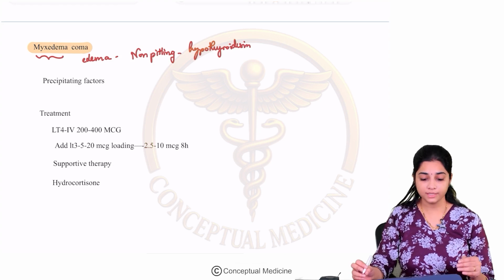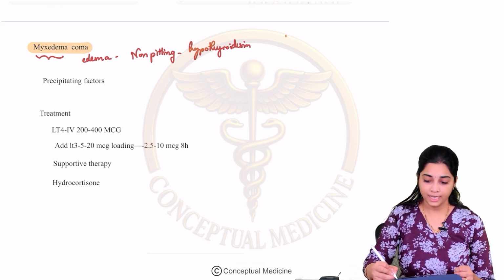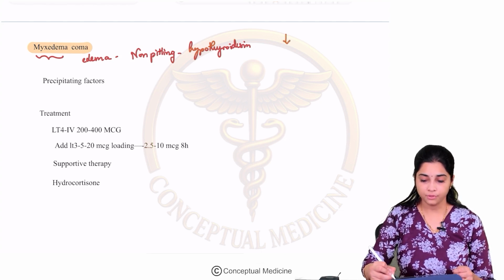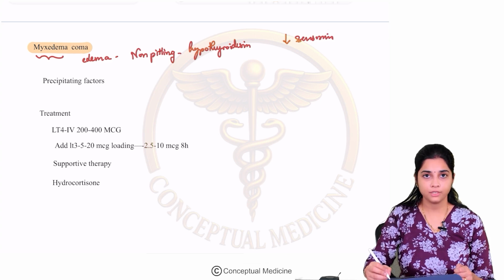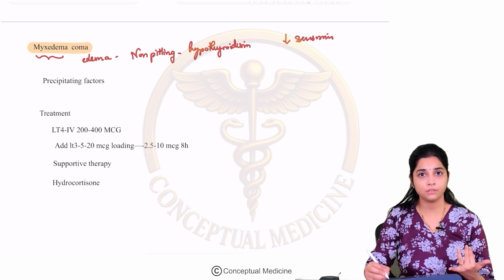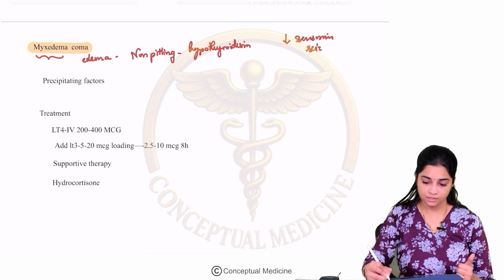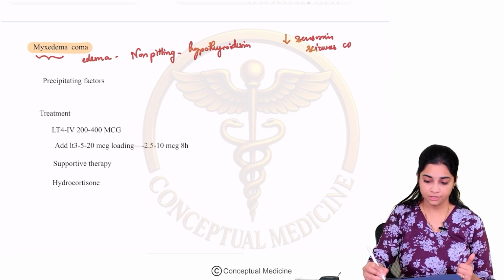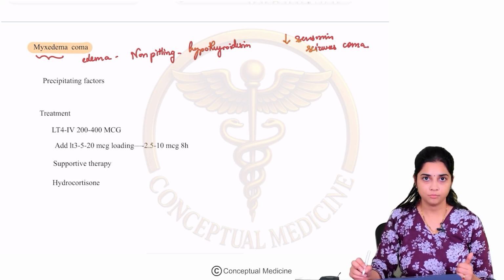Myxedema coma is a condition where you have altered, decreased sensorium. In a patient with severe hypothyroidism, you can have altered sensorium, you can have seizures, and the patient can also go into coma.